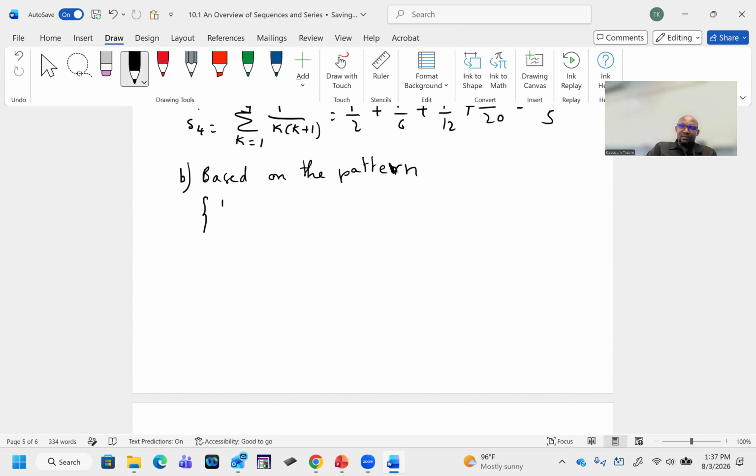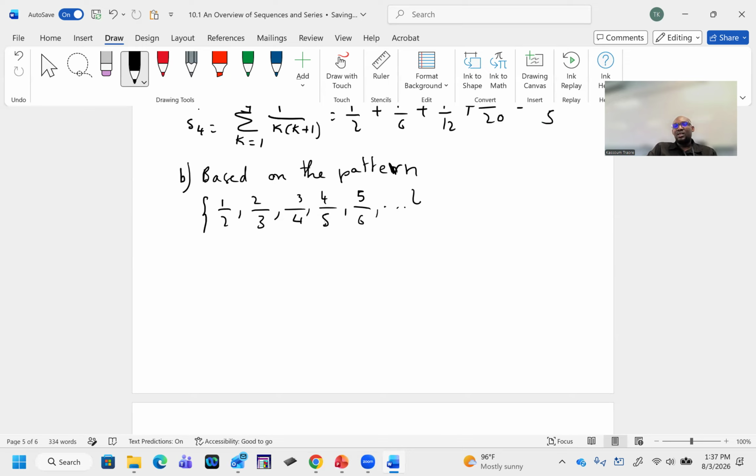We have 1/2, then we have 2 divided by 3, then 3 divided by 4, then 4 divided by 5, right? What do you think the next one will be? I believe the next one will be just 5 divided by 6 and so on.